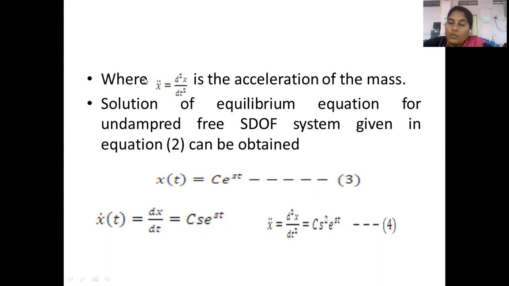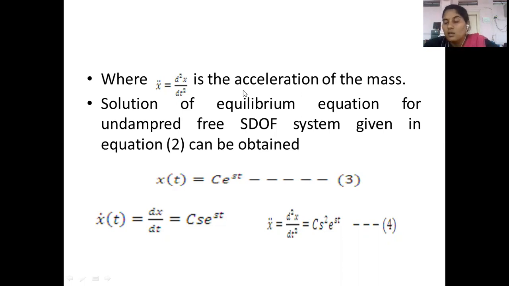Okay. So before solving this derivation, you have to know what is x, what is x dot, and what is x double dot. Where x is the displacement, x dot is the derivative of x with respect to t, so that will become the velocity. And if we take the double derivative of x with respect to t, then it will become the acceleration.